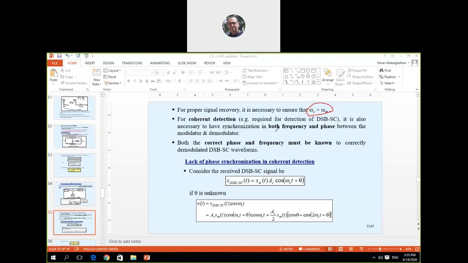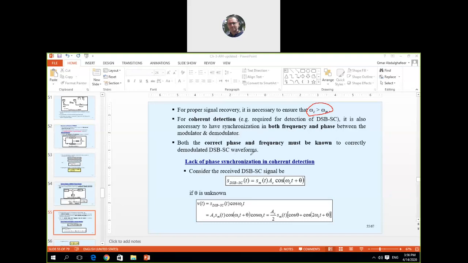Normally this special type of local oscillator is used to generate the carrier frequency, and that carrier frequency should be synchronized between transmitter and receiver in both frequency and phase. Both the correct phase and the frequency must be known in order to detect double sideband suppressed carrier waveforms.